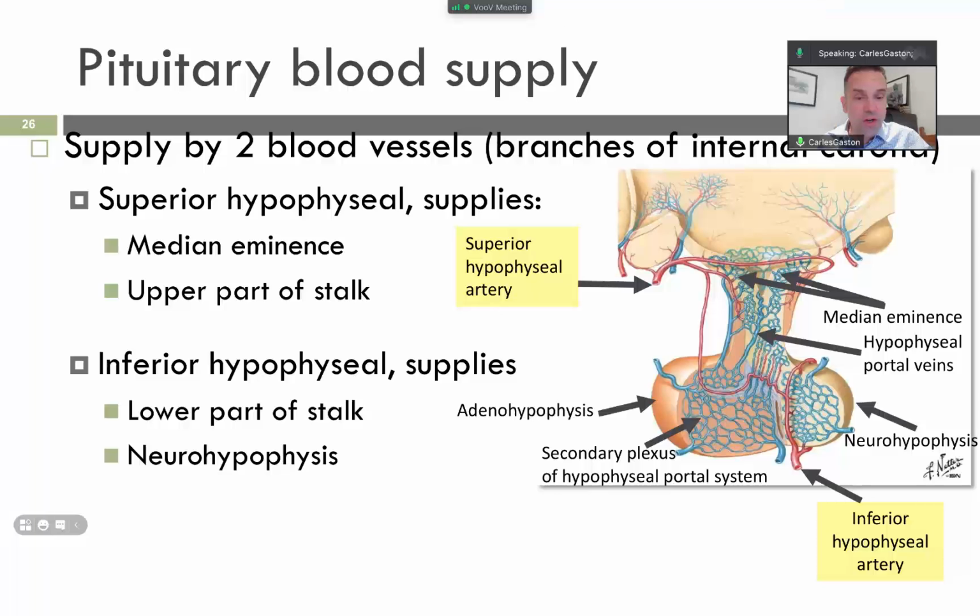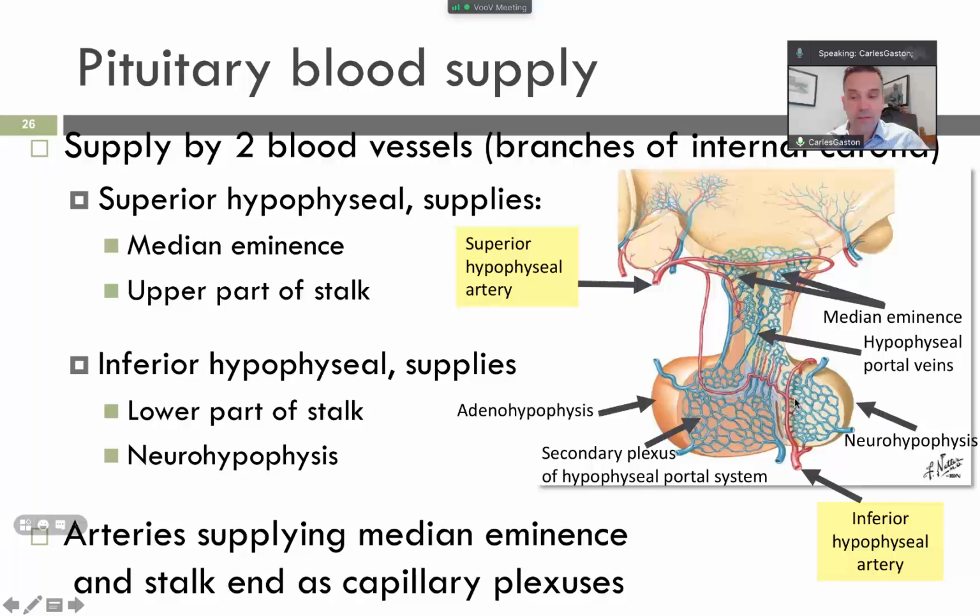You can see here the secondary plexus, also known as the hypophyseal portal system. The superior hypophyseal supplies the median eminence, as you can see here in the drawing, and the upper part of the stalk. The inferior hypophyseal supplies the lower part of the stalk and the neurohypophysis or the posterior pituitary.